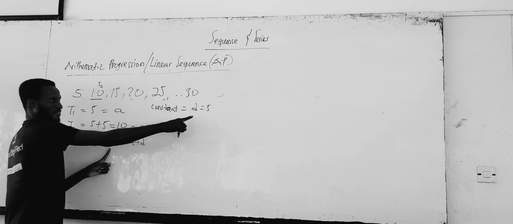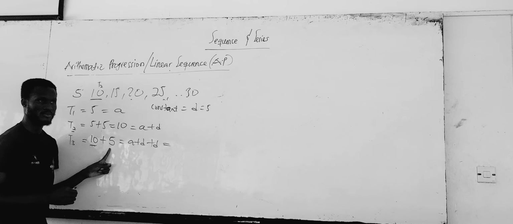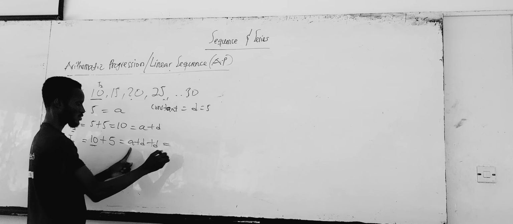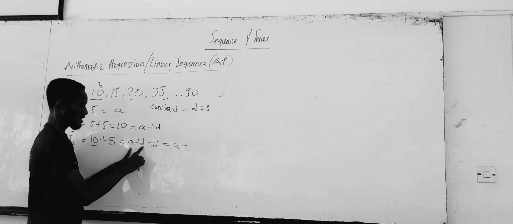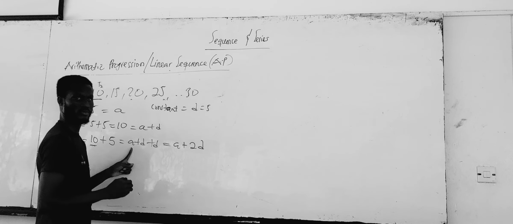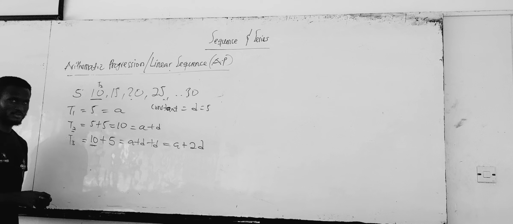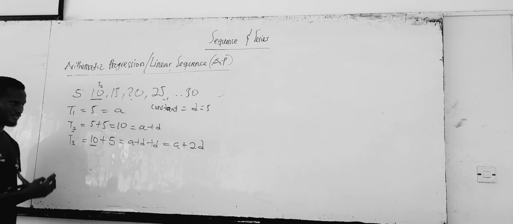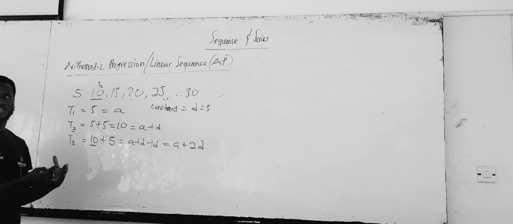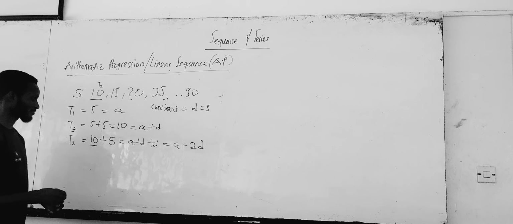What is 5? 5 is the constant, D. So this will be the same as A plus D plus D, which will give us A plus 2D. D plus D gives us 2D. Now we are generating formulas. After generating the formulas, I will manipulate them and then we see what we can do.